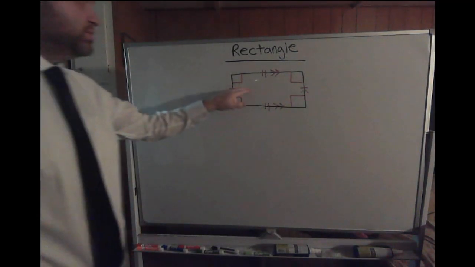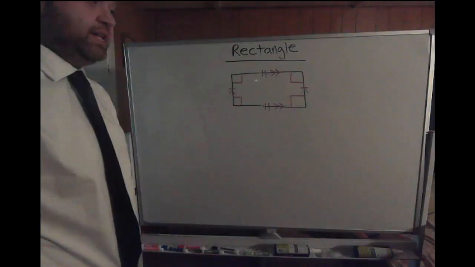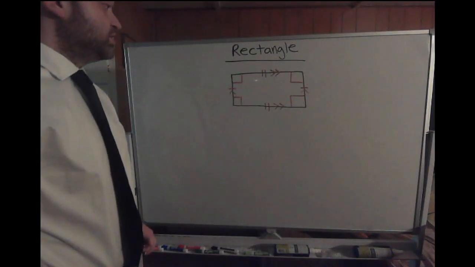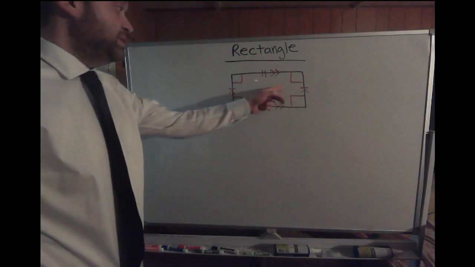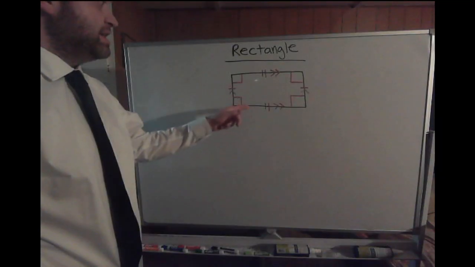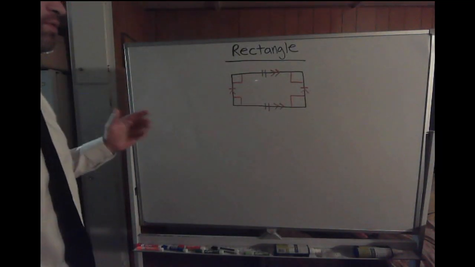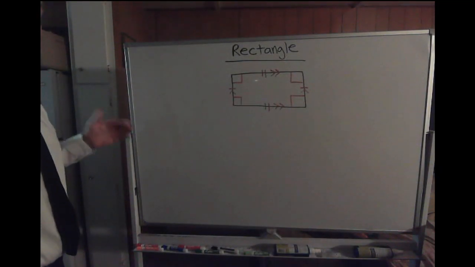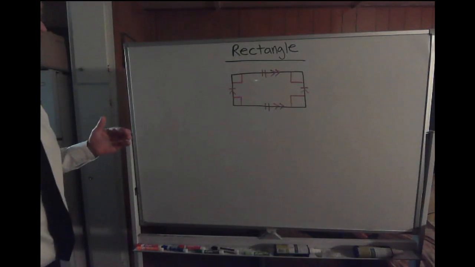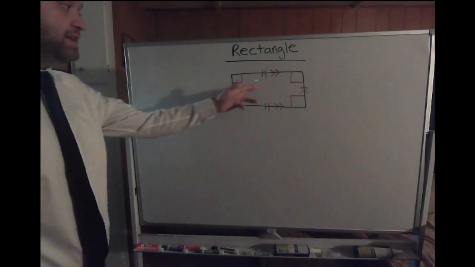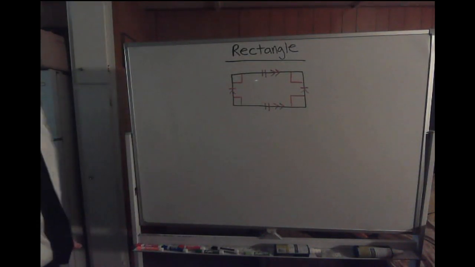All four angles in it are 90 degrees each. So, definitely opposite angles are congruent. In fact, every angle is congruent to each other in a rectangle. So that's what makes a rectangle special, is the fact that it has four 90-degree angles.